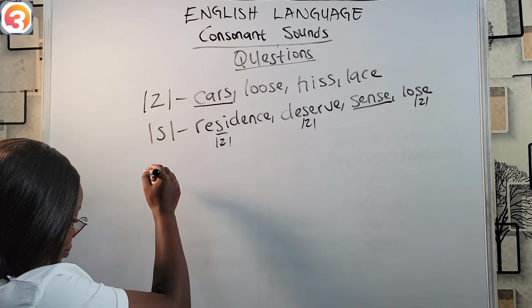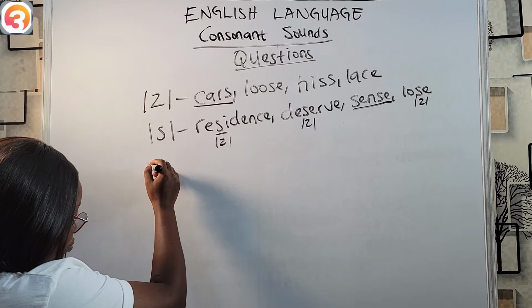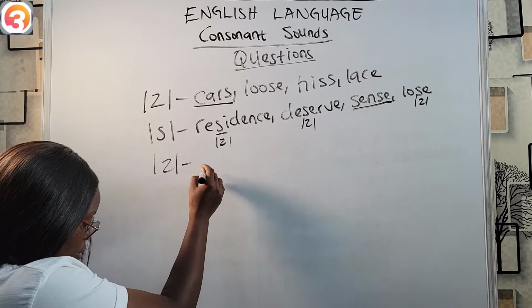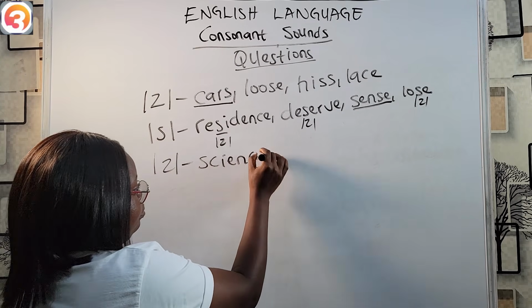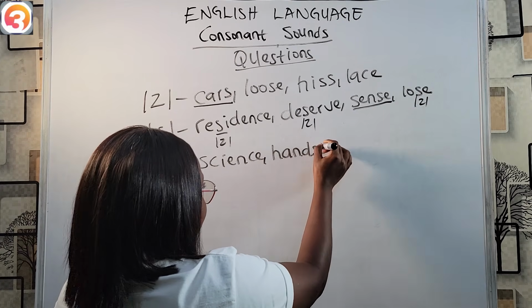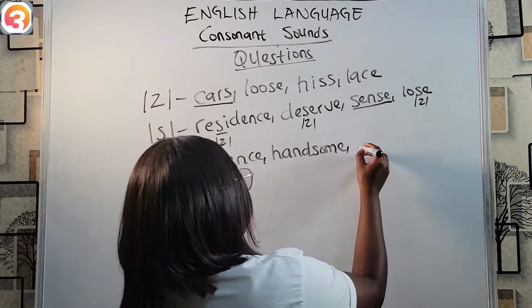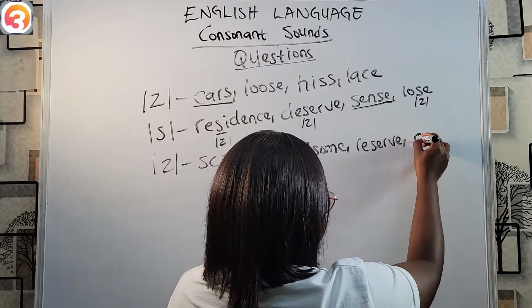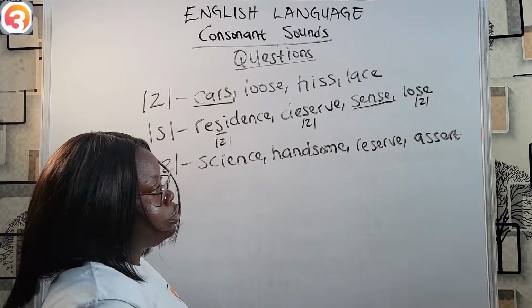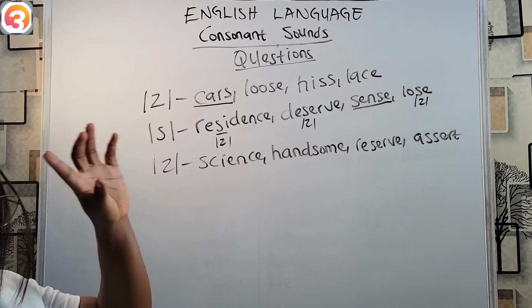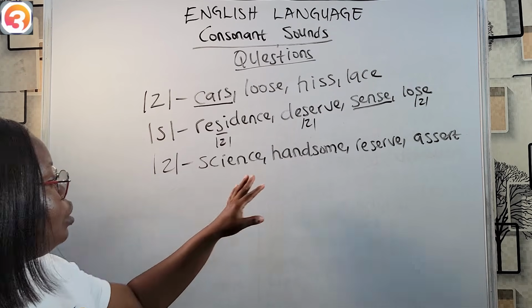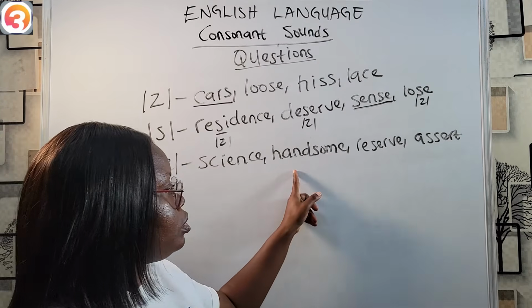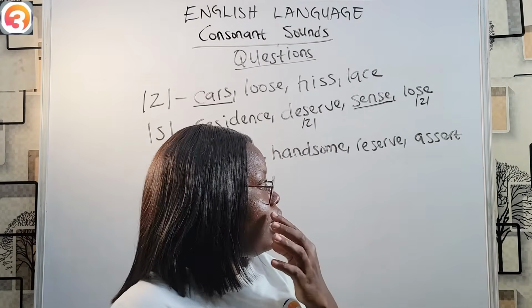We also have another one for Z. So in pronouncing the options, we can clearly differentiate them and know which word contains the sound given to us, which is Z. Here we have signs, here we have handsome, here we have reserve, here we have assert.